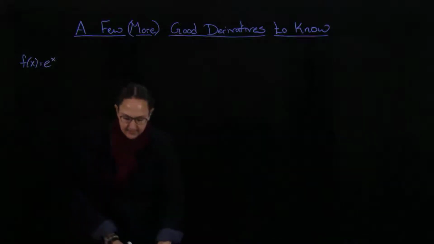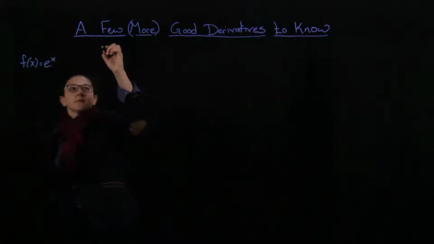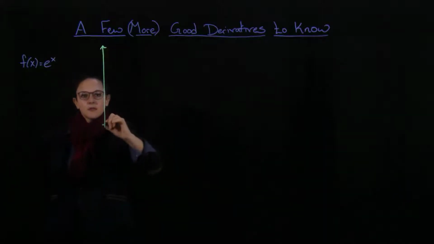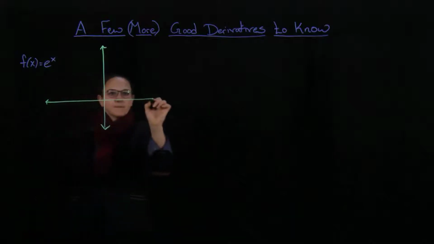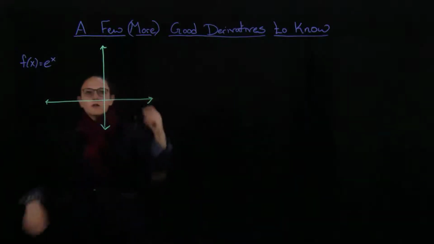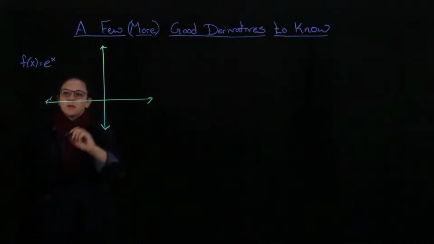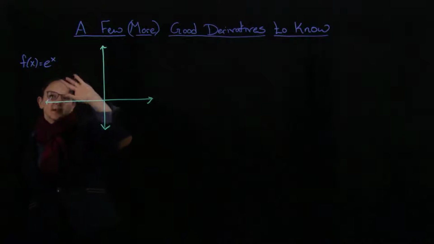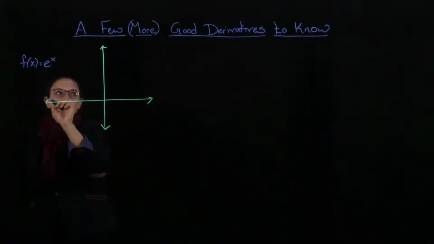And let me get our axes here. So let's draw this. The way that the graph of this function goes is, as we put in really big negative numbers, this ends up looking like 1 over something really big, and so it gets really small, close to the axis.